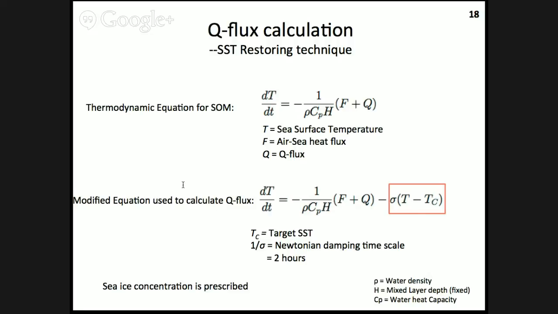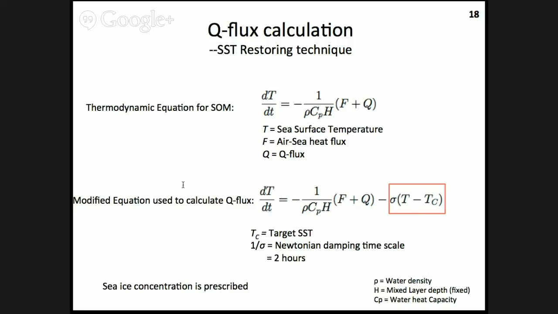The original equation of the temperature in the slab ocean model is given here, like previously shown, and I add an additional damping term to this equation. This damping term is proportional to the difference between the temperature and the prescribed temperature. So this term ensures that the temperature is always more or less the same as the prescribed temperature.